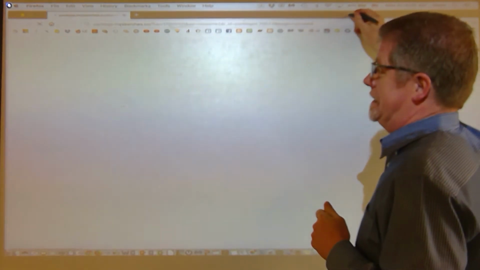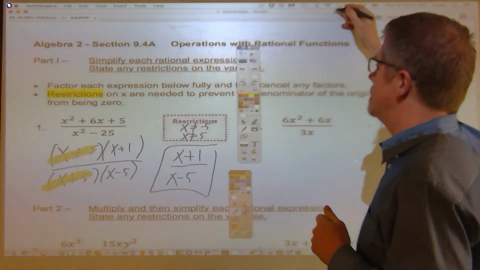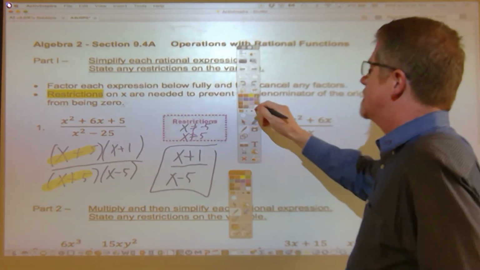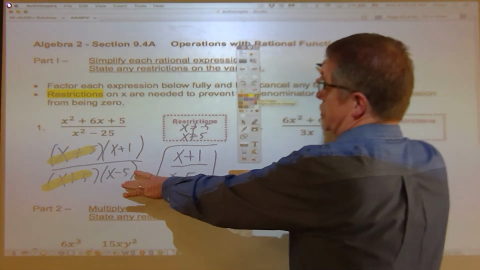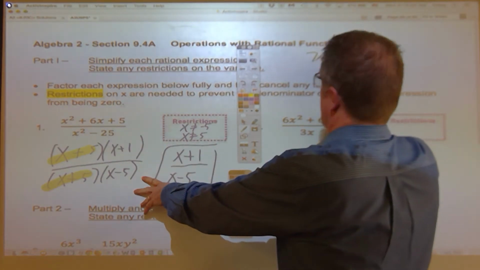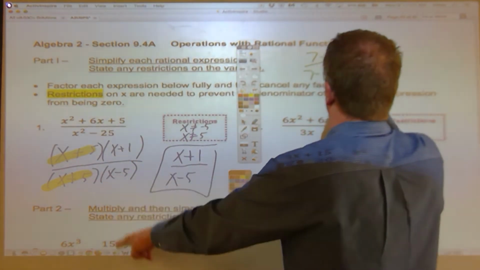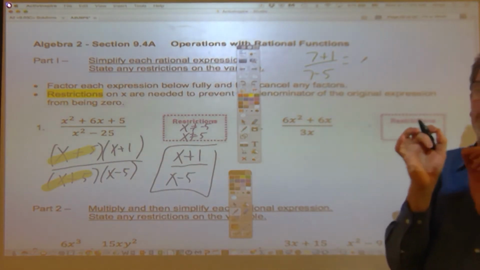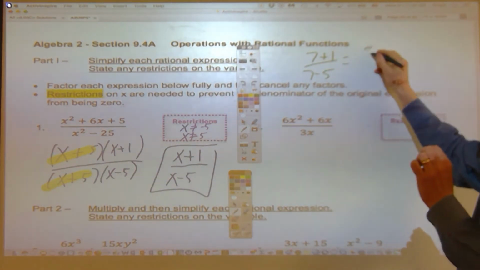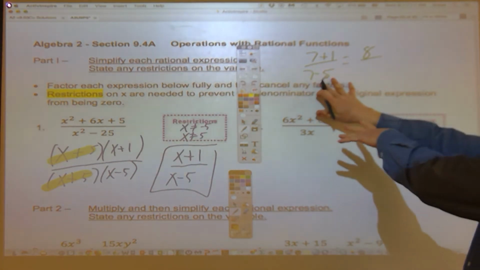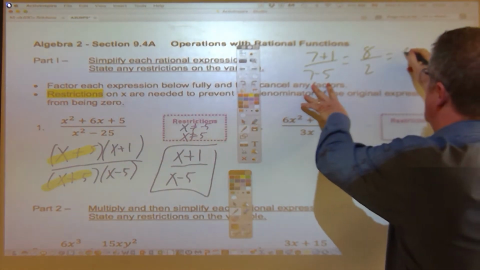Today's my day. Just to make my argument on this, suppose x was equal to 7. Okay, let's take 7 plus 1 over 7 minus 5. Now, it is undeniably true that 7 plus 1 is 8, and that 7 minus 5 is 2.